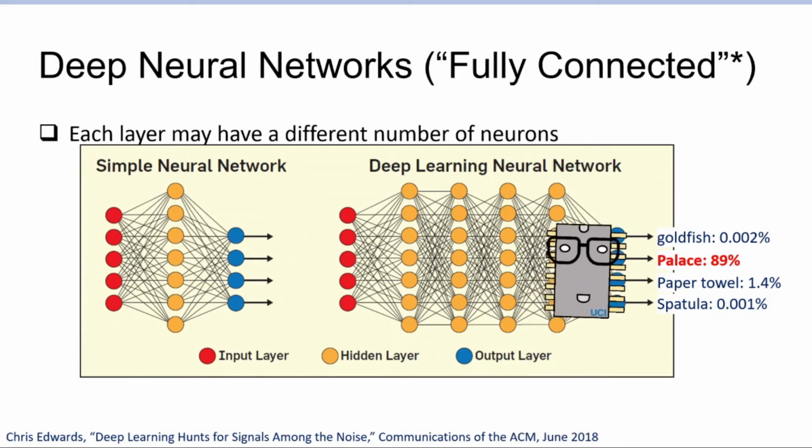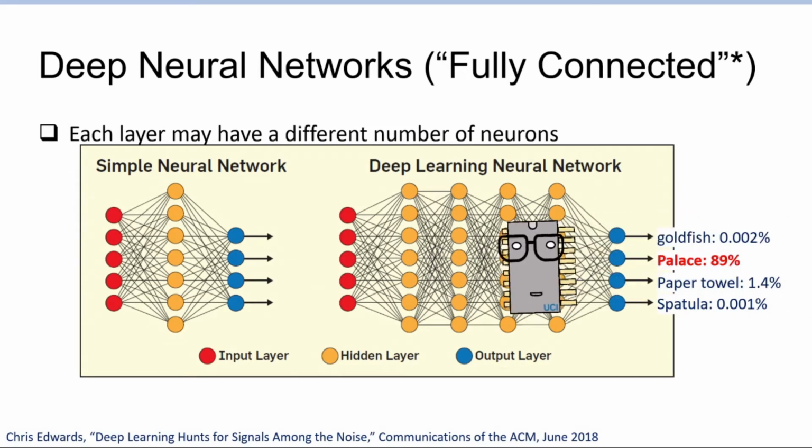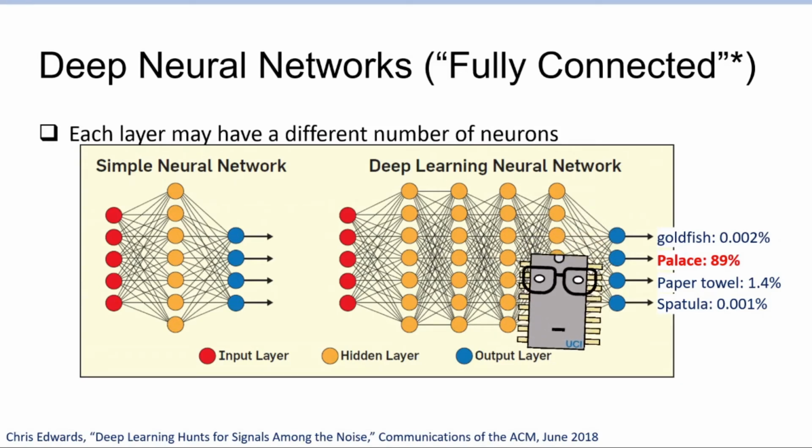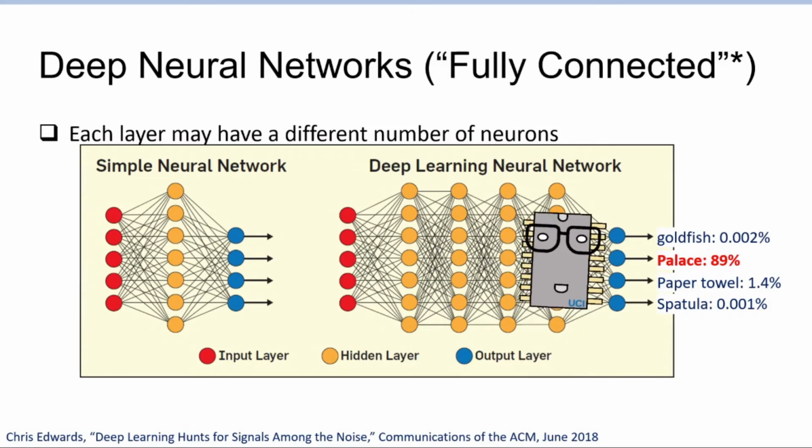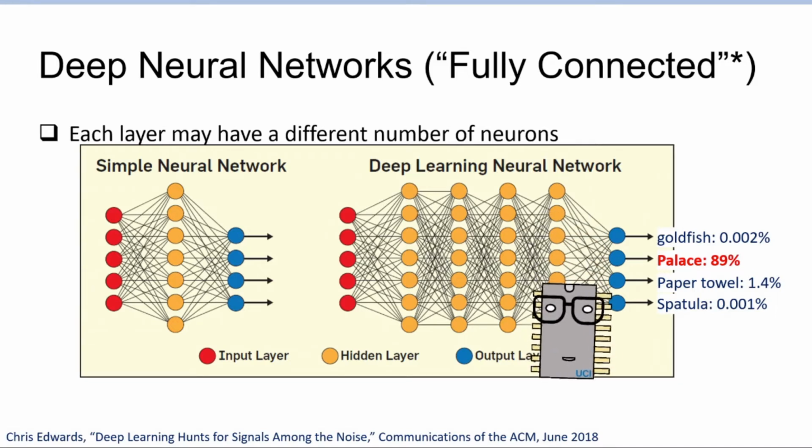And each of these output nodes represents a classification class. Each of these nodes will emit a floating point value. So this node will represent a goldfish class, this node will represent the Palace class, and so on and so on.